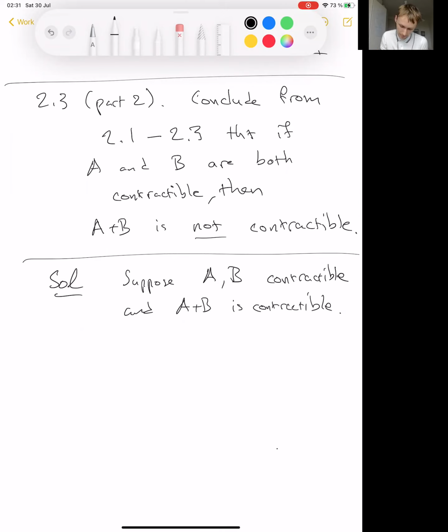Did I actually use the previous properties in my proof? Let's see. Oh yeah, no, we do use the previous properties. Okay. So because A and A plus B are both contractible, they're both equivalent to a point. And since these two guys here are equivalences, inl is an equivalence.